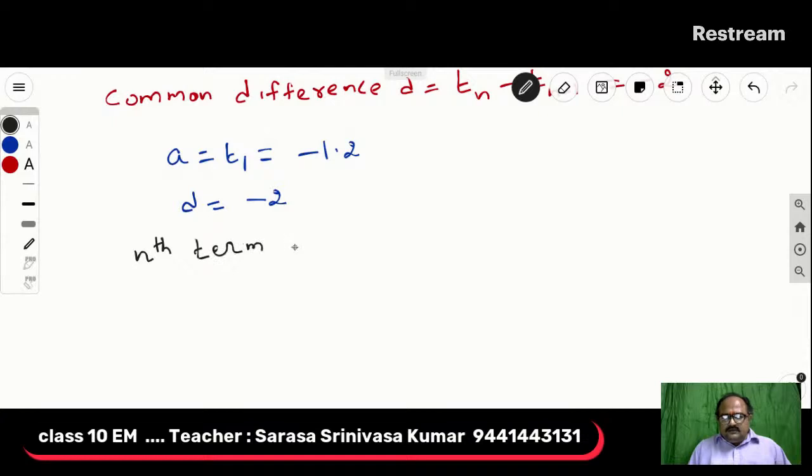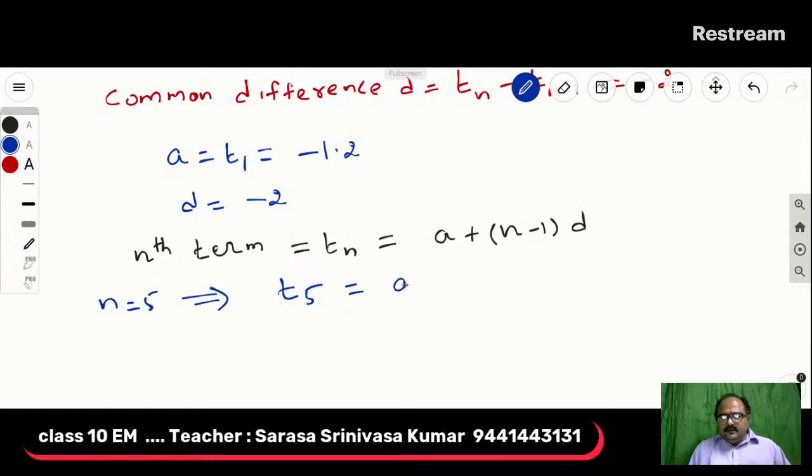Nth term in arithmetic progression equal to Tn equal to A plus n minus 1 multiplied by D. Now we write fifth term n equal to 5. This implies T5 equal to A plus 4D. Here 5 minus 1 is 4. So that is why I have written A plus 4D.